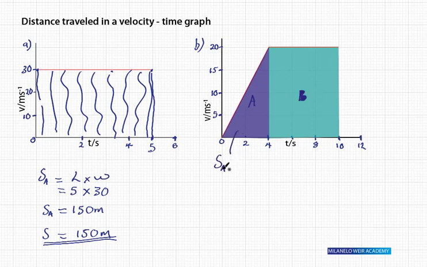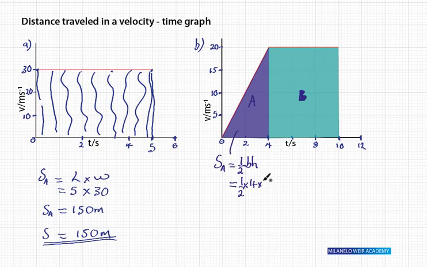Distance traveled is the area under the graph for diagram A, which is a triangle. And for a triangle, we remember very well, the area is half base times height. Half times base. What is our base? Base is from 0 to 4, which is 4.